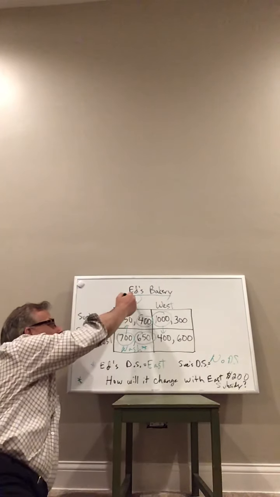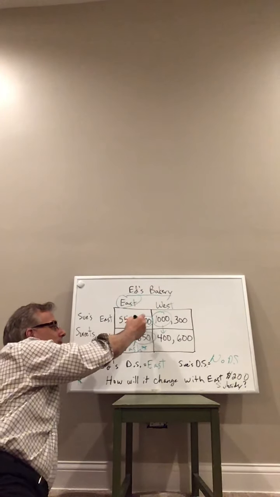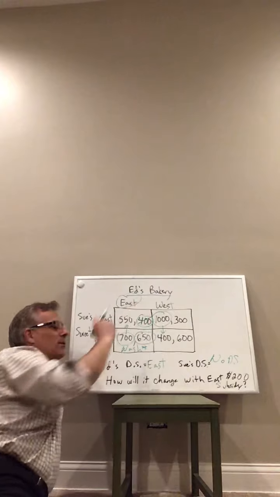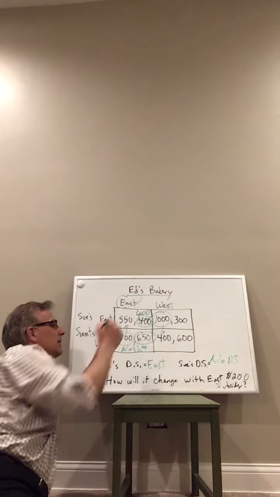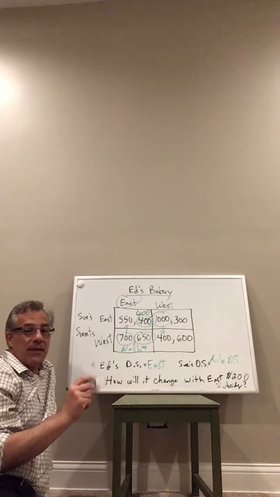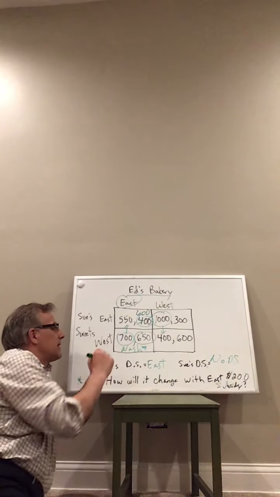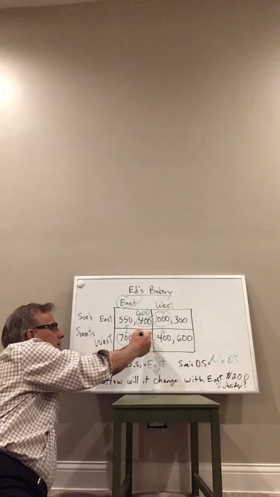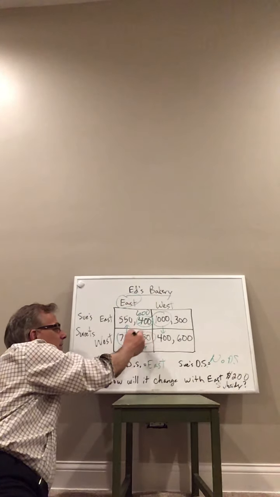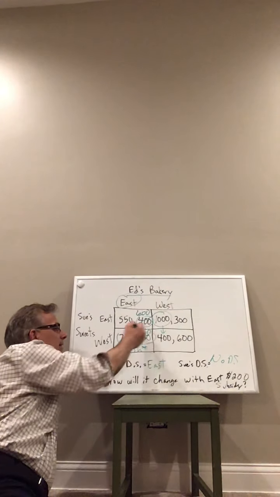All right, so Ed's in the East is this 400. Well, that 400, don't overcomplicate your math, becomes 600. Okay, 400 plus 200, it's a subsidy. Okay, with the East here, the 650 becomes 850.